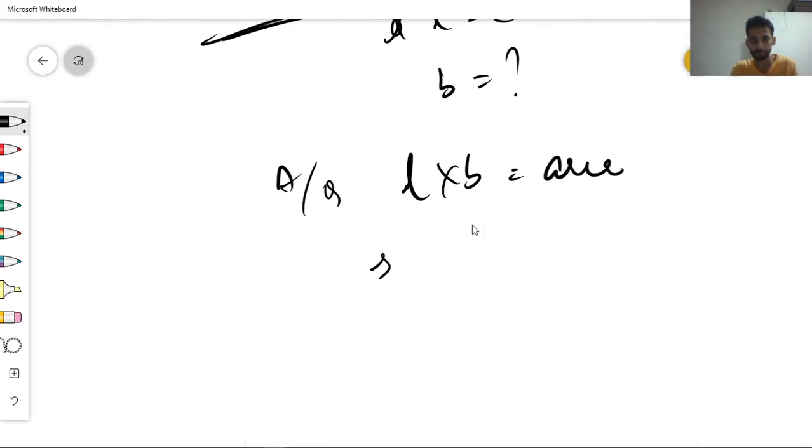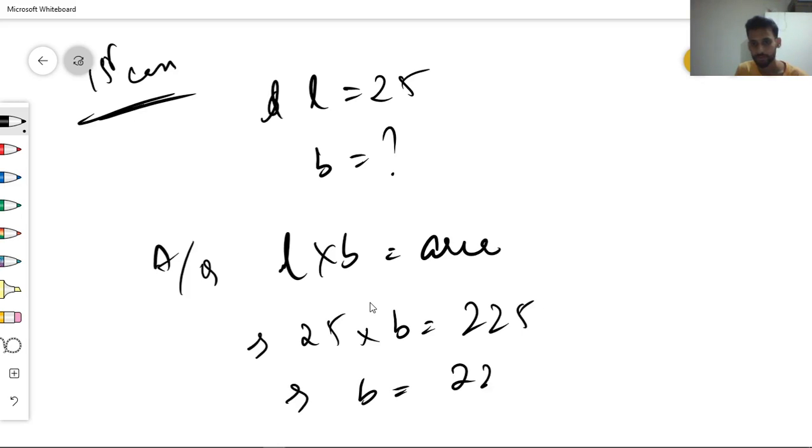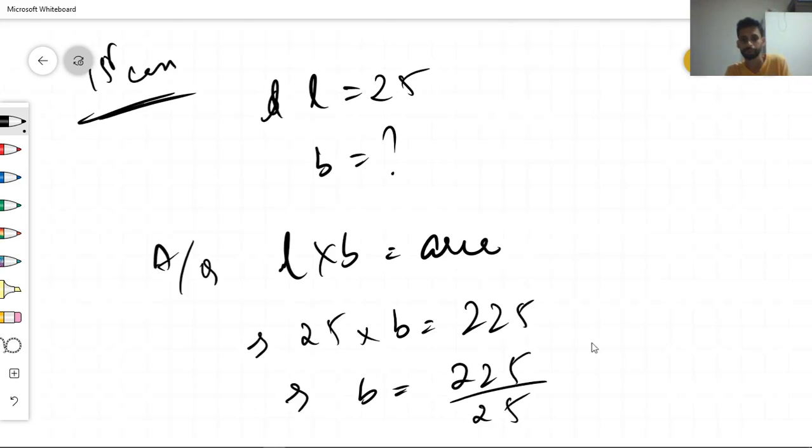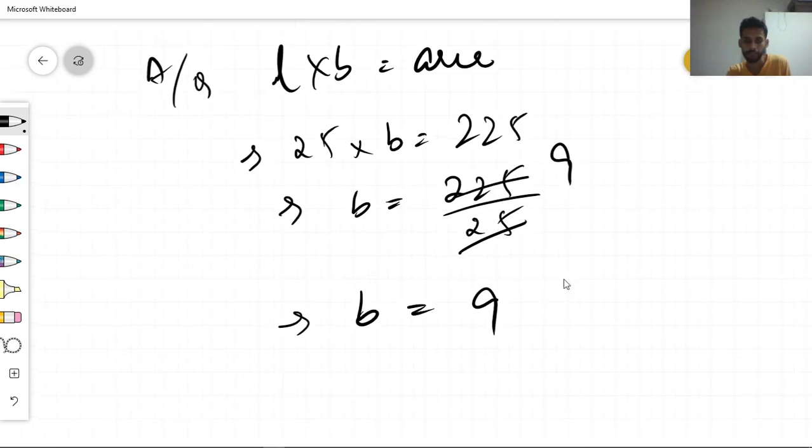So length is 25 and the breadth is B, then area is 225. So B will be 225 divided by 25. B is equal to 9. So we got the breadth and length.